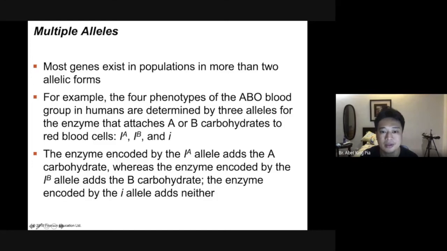So an enzyme encoded by the IA allele adds the A carbohydrate, whereas the enzyme encoded by the IB allele adds the B carbohydrate. The enzyme encoded by the small i allele adds neither. So recessive si i.